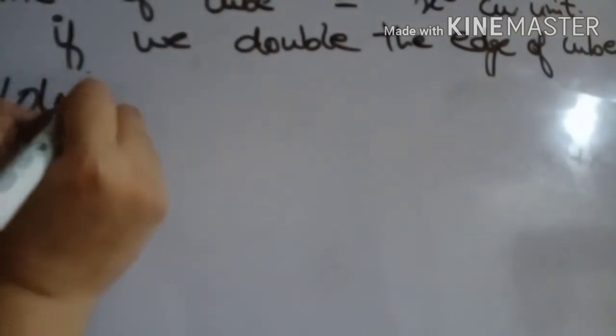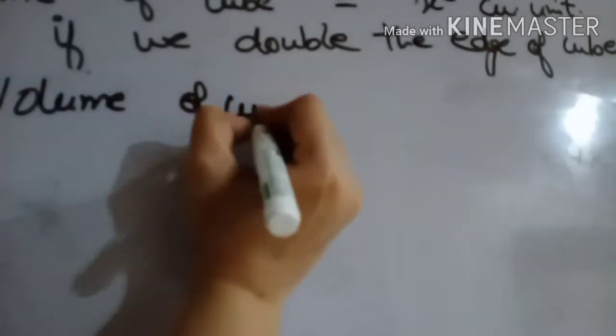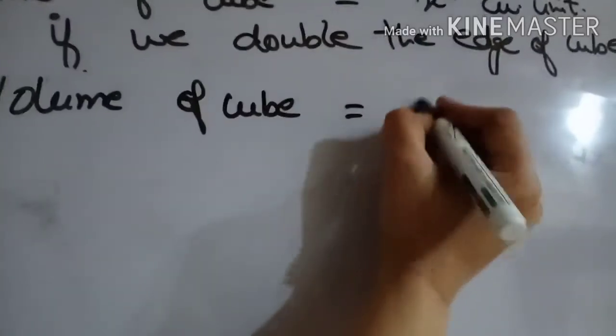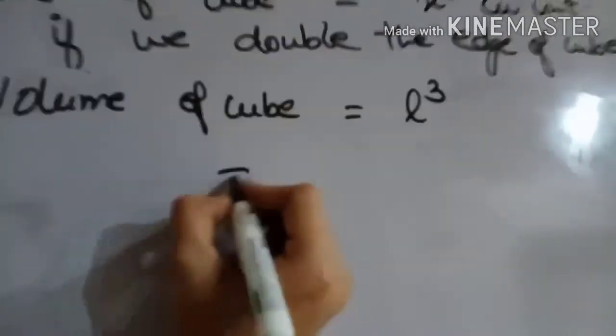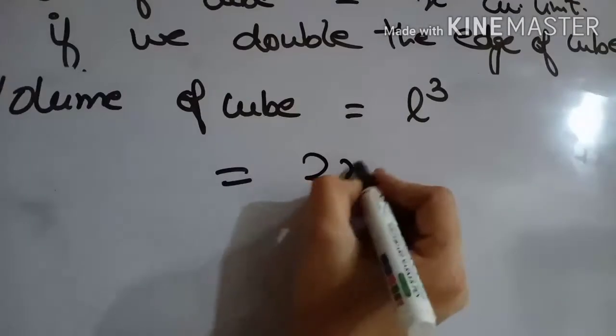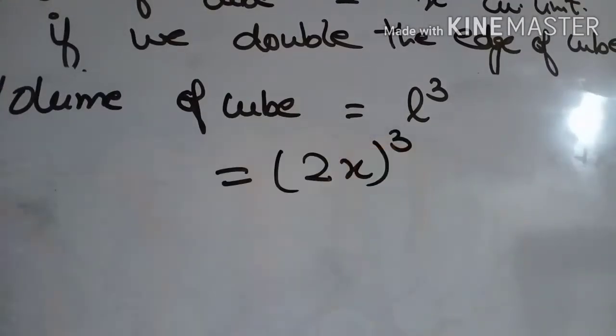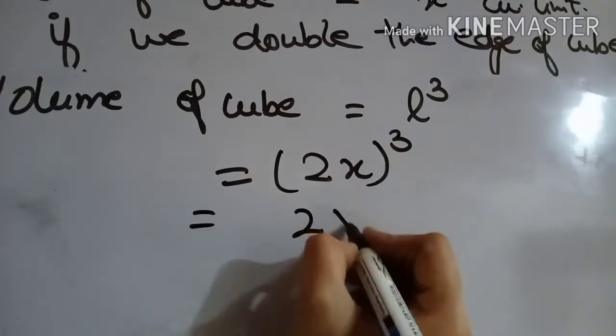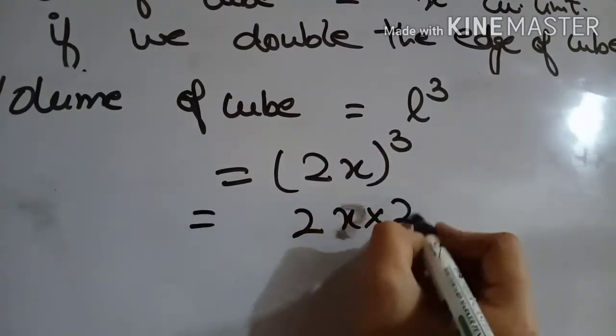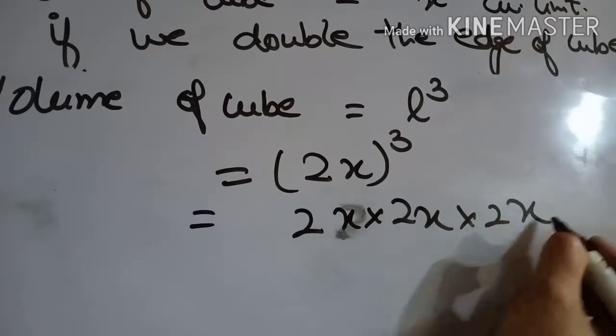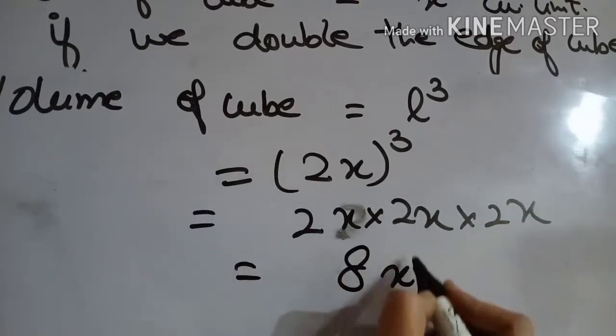Let's see what happened to the volume. The volume of a cube is, we know the formula, L cube. We have doubled the side, so we have to find the volume with the side 2x. So what happened? 2x into 2x into 2x. What are we getting? 8x cube.